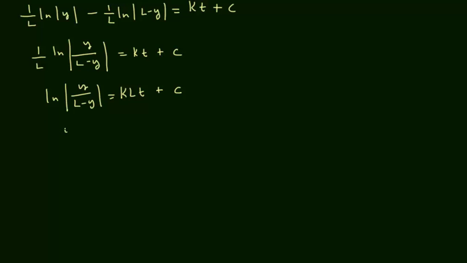So we have y over (L minus y) equals C star e to the K L t.